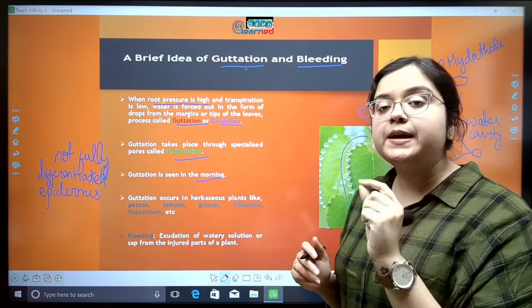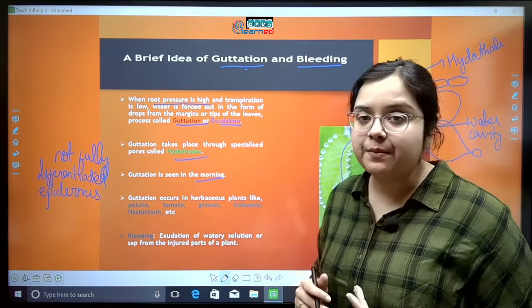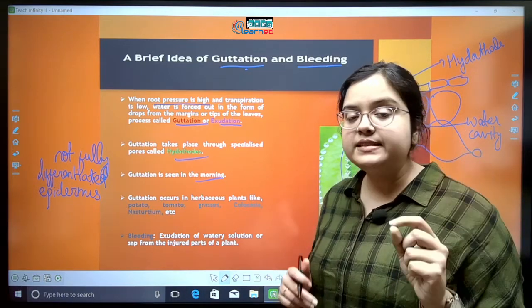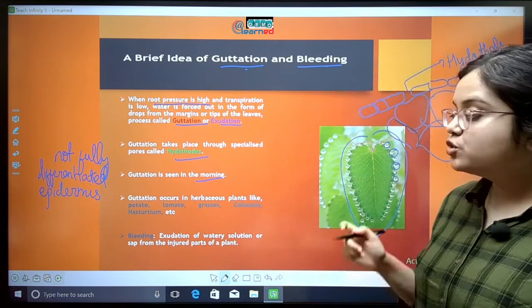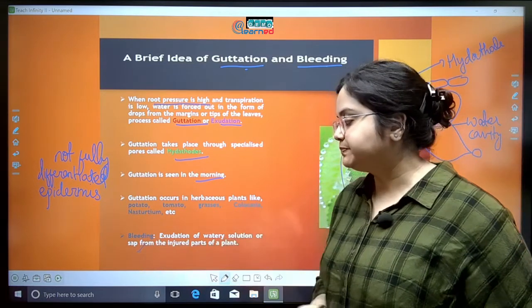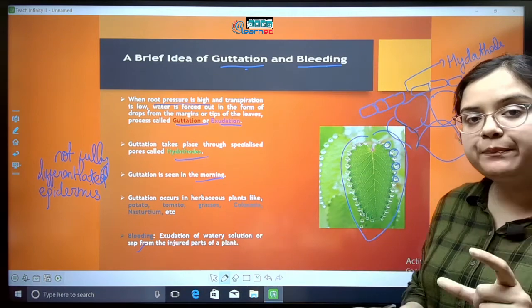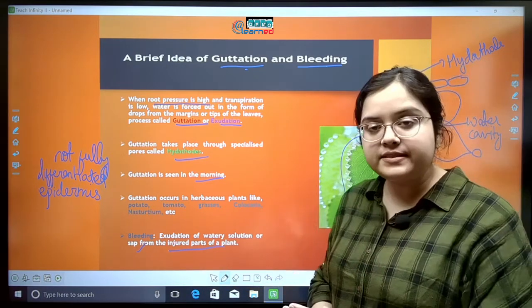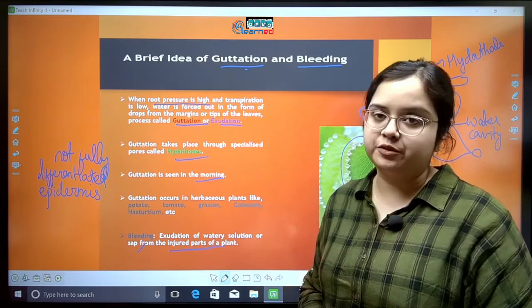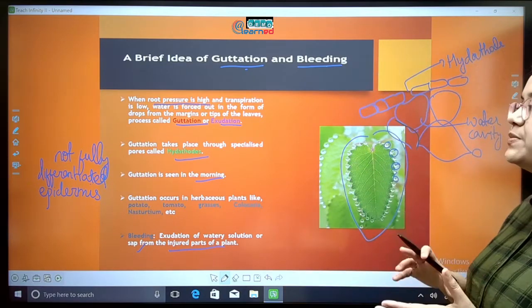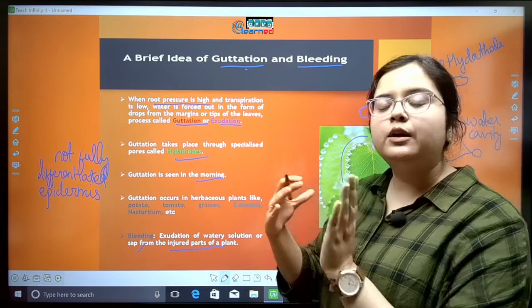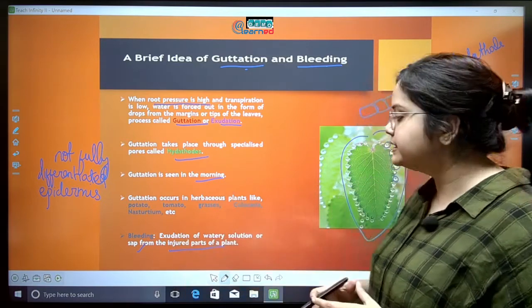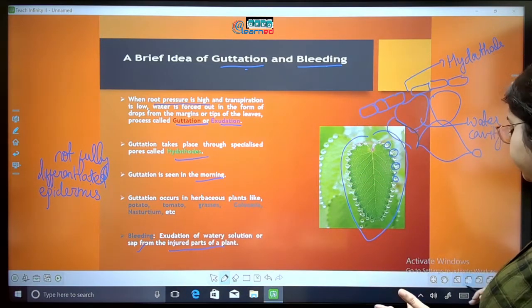Or sometimes in woody plants the resins come out if you cut the wood. That process is known as bleeding. Bleeding will of course happen from the injured parts of the plant. Only once you cut the stem will you be able to observe bleeding. Unlike guttation or transpiration, where water goes out automatically, in bleeding it does not happen, just like human bleeding also.